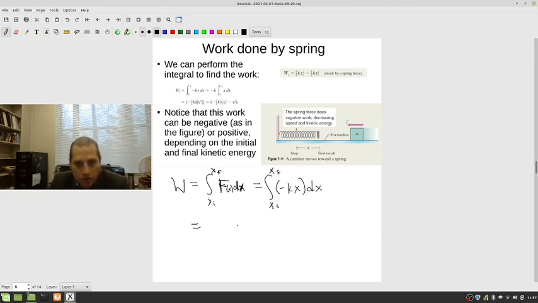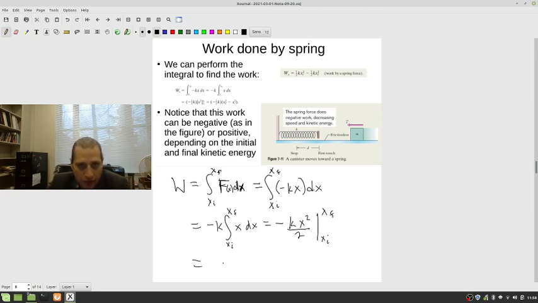So if I'm integrating now, k is not a function of x, so I'm going to bring that out. Minus k times the integral of x dx from x initial to x final. And so this integral of x would be 1/2 x squared, so minus kx squared over 2 from x initial to x final.